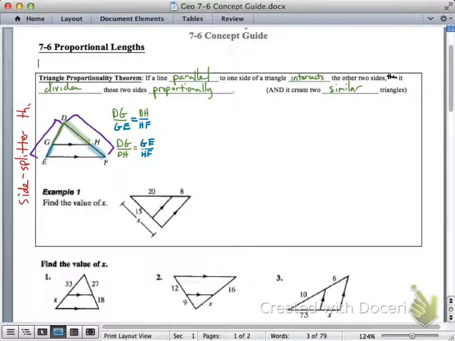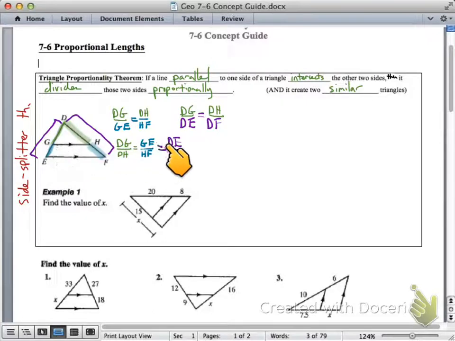We can also consider the entirety of those sides. DE is the entirety of this side, DF is the entirety of this side, and we can write proportions with that as well. So DG over DE, the part over the whole, equals the other part over the whole, the consistent part, of course. We can also throw this in here, DG over DH equals DE over DF, or GE over HF.